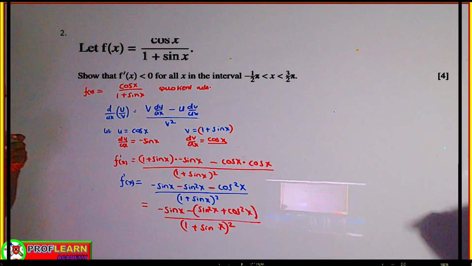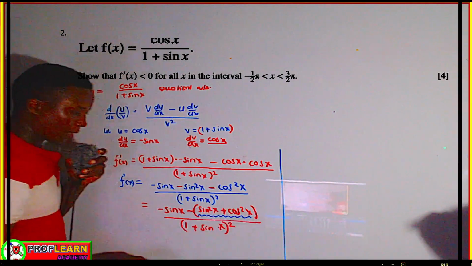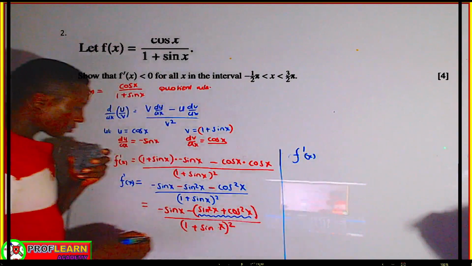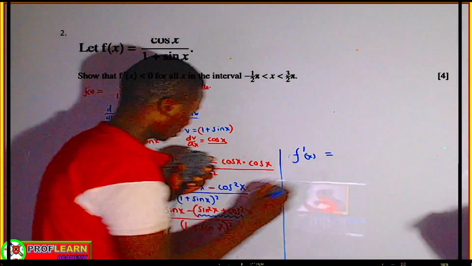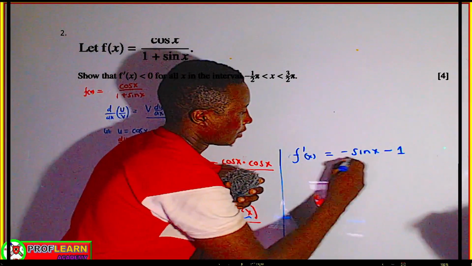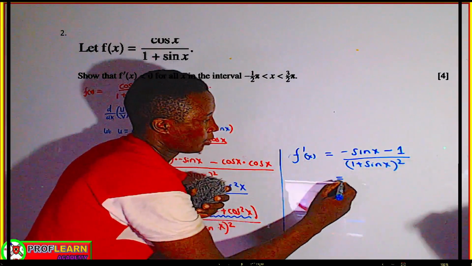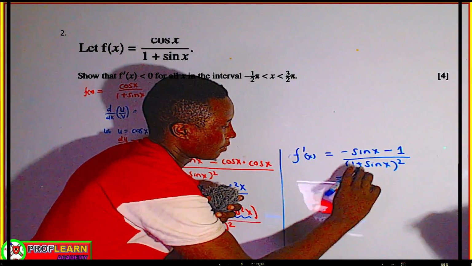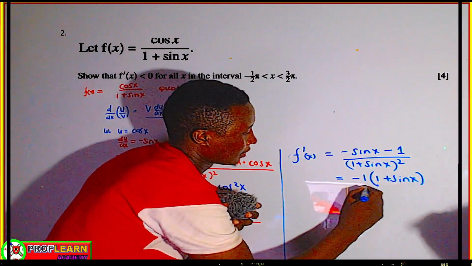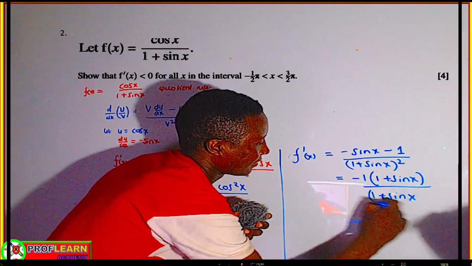It's going to run to 1, and that means we shall have minus f prime is going to be equal to minus sine x minus sine x minus 1 over 1 plus sine x squared, which will mean that this can be written as negative 1 into bracket 1 plus sine x over 1 plus sine x then squared.